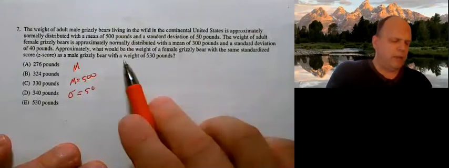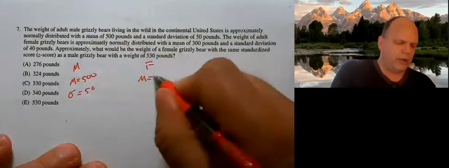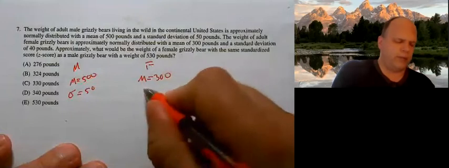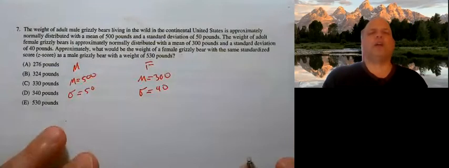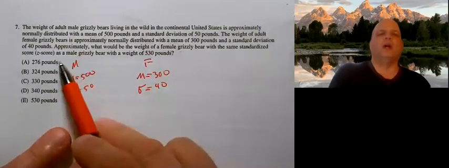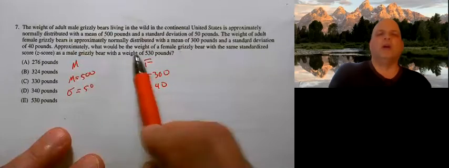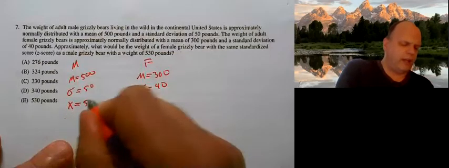The weight of the adult female bears is approximately normally distributed with a mean equal to 300 pounds and a standard deviation of 40. Approximately what would be the weight of a female grizzly bear with the same standardized score as a male grizzly bear with a weight of 530? So we have an X equal to 530 here.